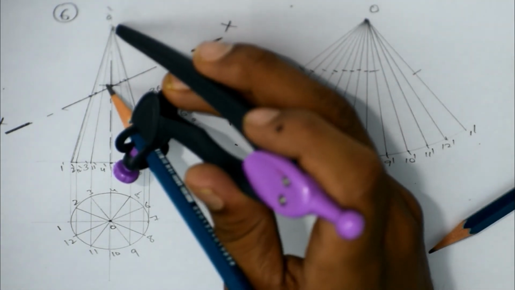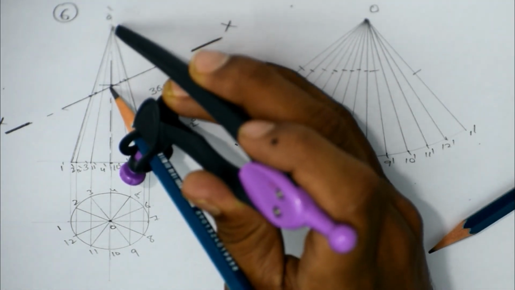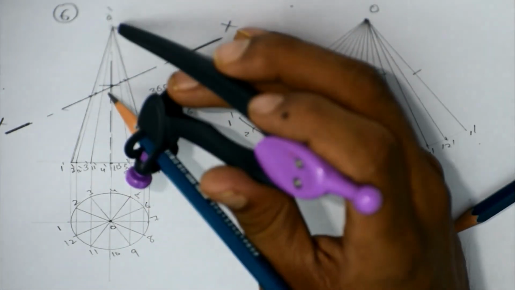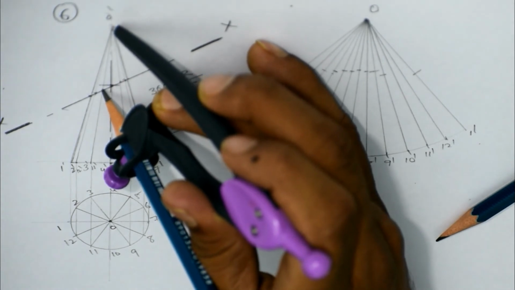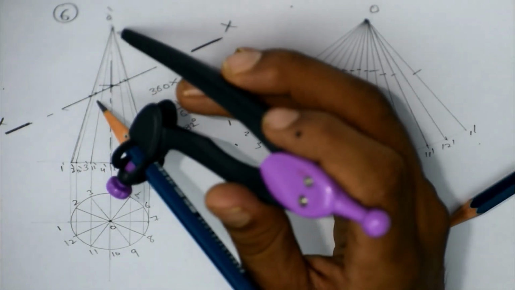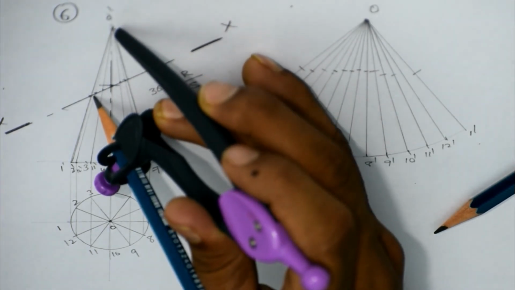As we have divided into more parts, we are getting more points. This is 11th. And this is 12th.